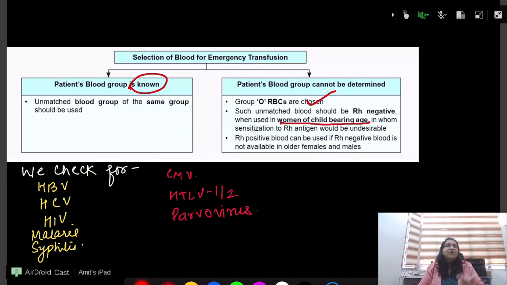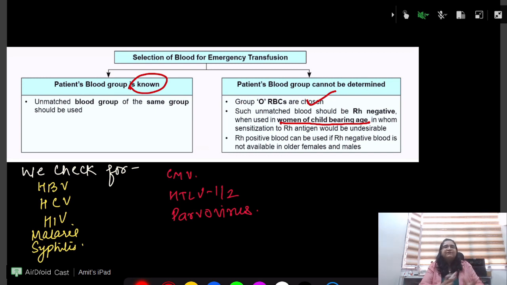Okay, because we don't want Rh sensitization to occur, and Rh positive blood can be used if Rh negative blood is not available for older females and males. See, you have to save life. So if possible, we should not use Rh positive blood, but if it is not available, then we may use it.